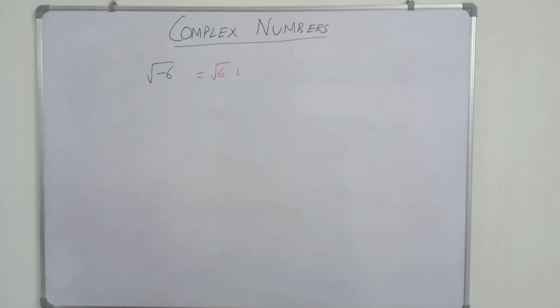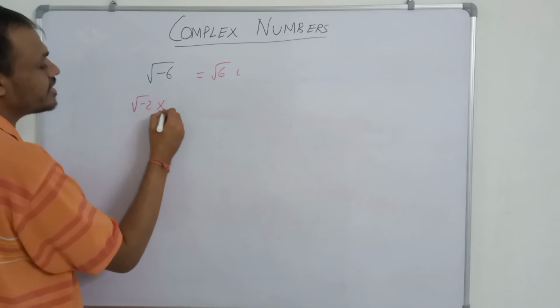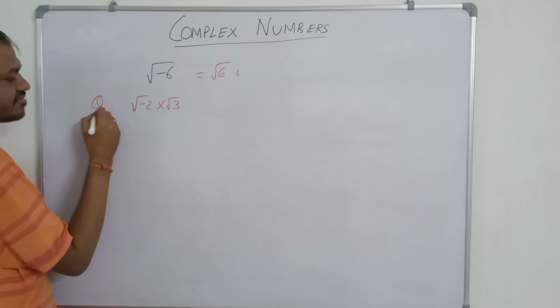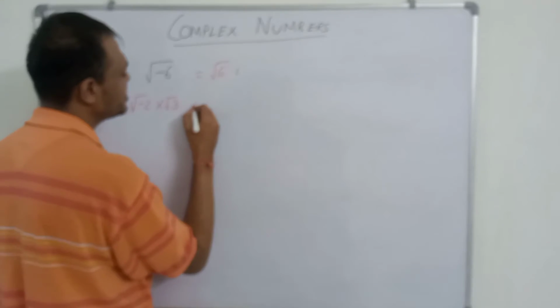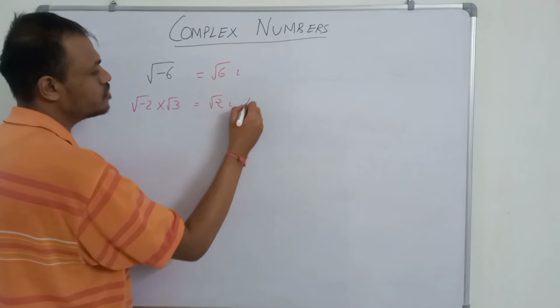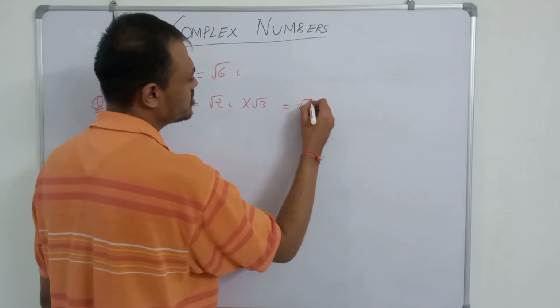And if we want to multiply under root of minus 2 into under root of 3, this will be equal to root 2 iota into root 3. So root 2 and root 3 will multiply, and it will give root 6 iota.